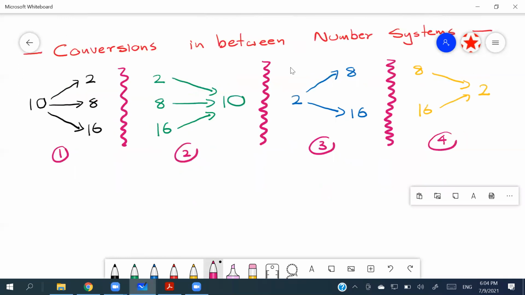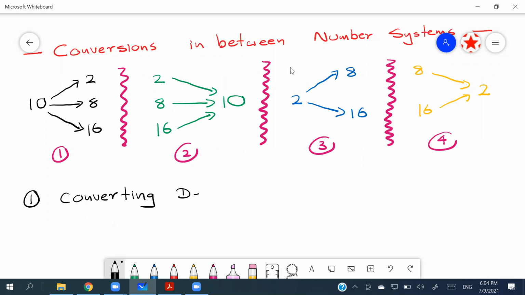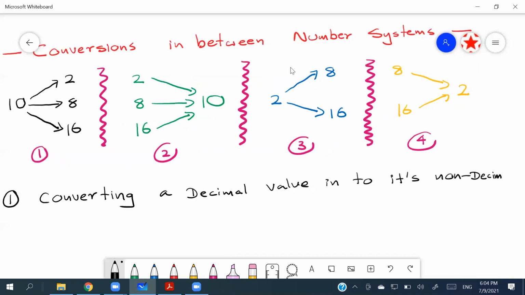So let's write the very first conversion like this. Converting a decimal value into its non-decimal equivalent.